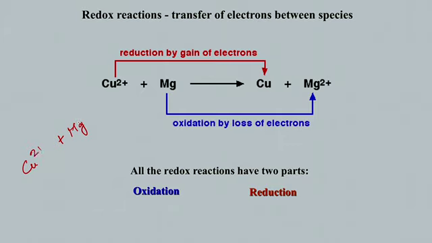You see in this reaction, the copper 2+ has become elemental copper, and magnesium has become the dication Mg2+. Here this is the reduction by 2 electrons, plus 2 electrons, and in this case magnesium is becoming magnesium 2+, so this is minus 2 electrons.